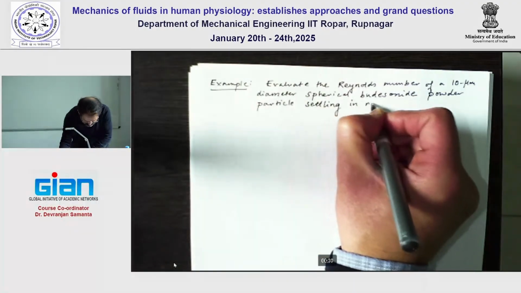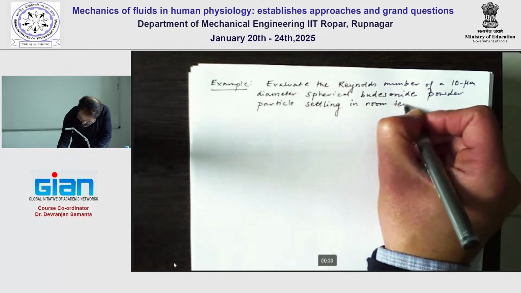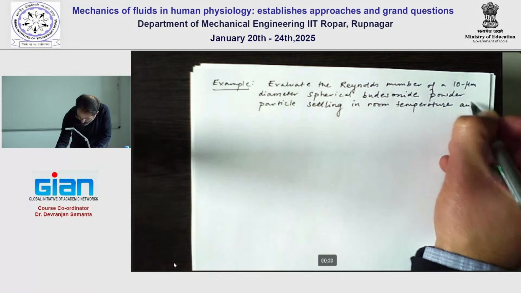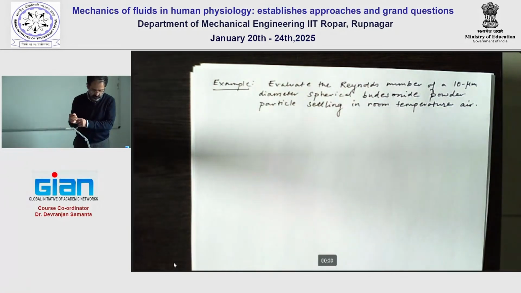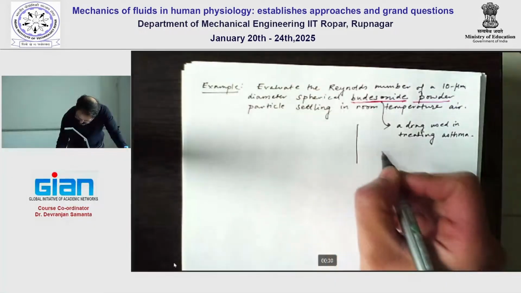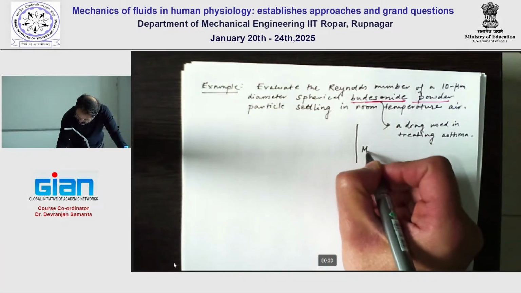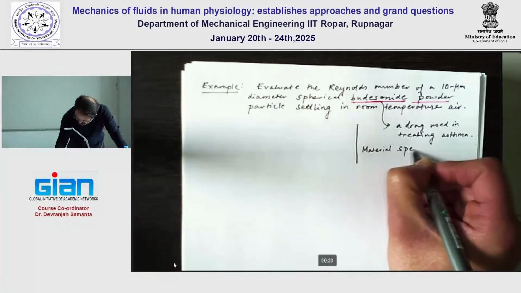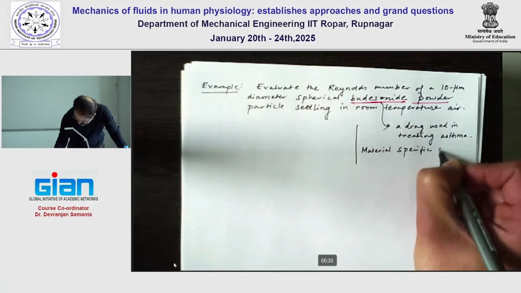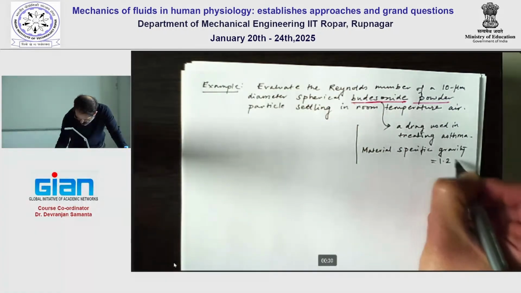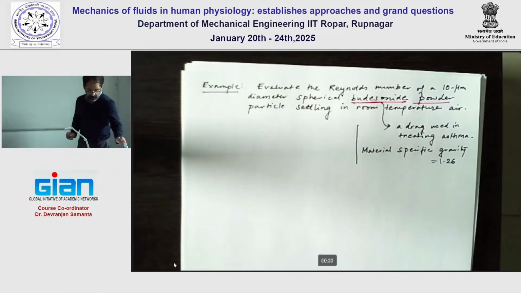in room temperature air. We need to know some of the material properties. This compound's material density, the specific gravity, is 1.26, so it's 1.26 times 1000.